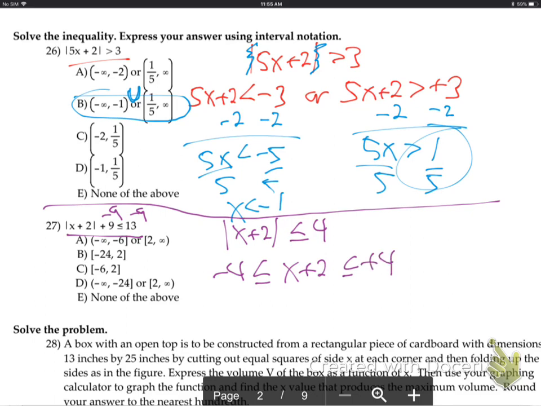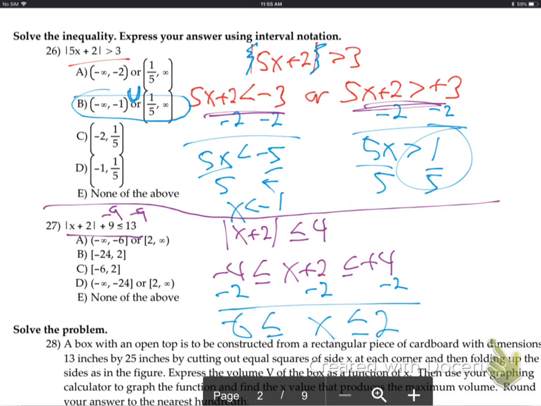That's what's called a compound inequality for the less, instead of two separate statements for greater. Greater is two separate statements. Less is just one like that. So how do we solve for x there? Subtract 2 all the way across, all three at the same time. Negative 6 is less than or equal to x, which is less than or equal to 2. Between negative 6 and 2, C.